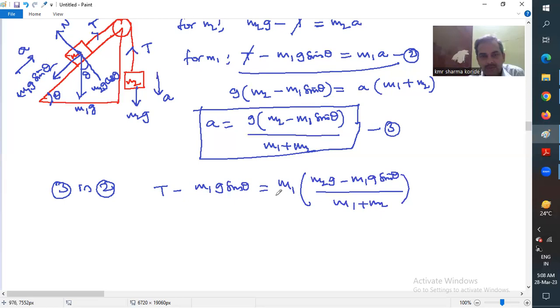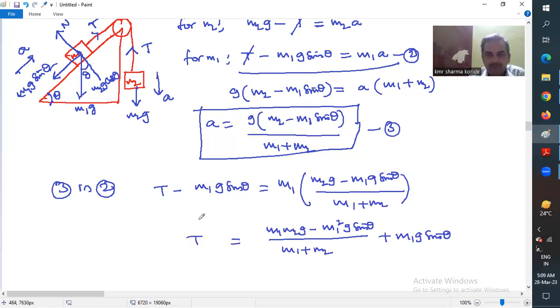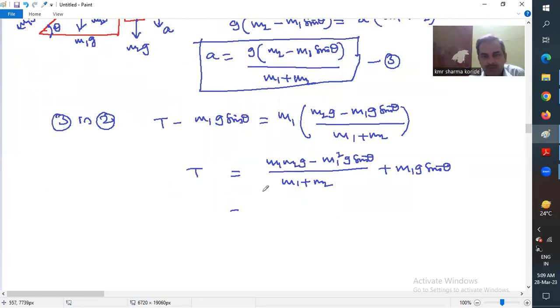Okay, so first you expand this: m1 m2 g minus m1 square g sin theta whole divided by m1 plus m2, plus taking this quantity to the right side, m1g sin theta. So on the other side you are left with T. Now the LCM will be m1 plus m2. So directly you can write m1 m2 g minus m1 square g sin theta.